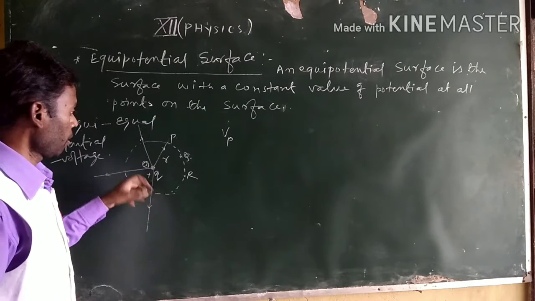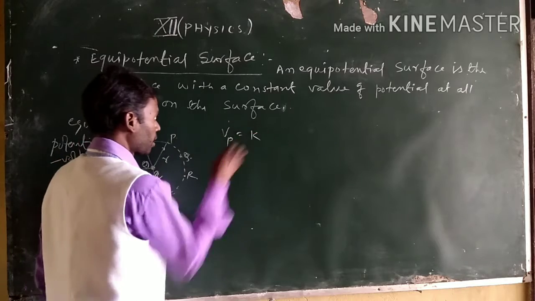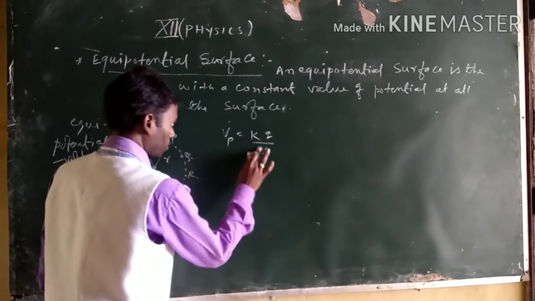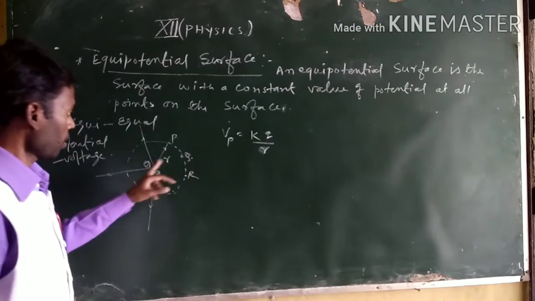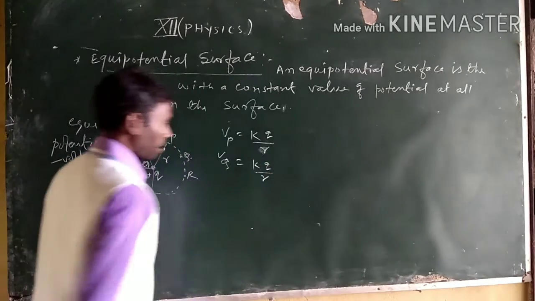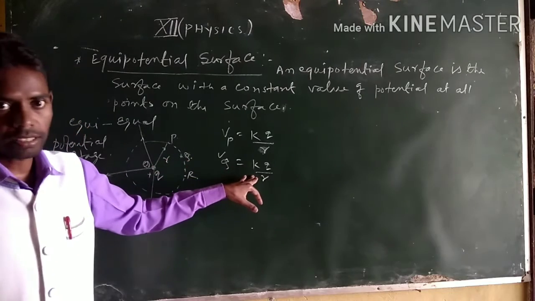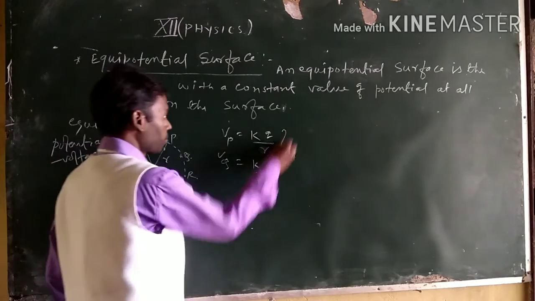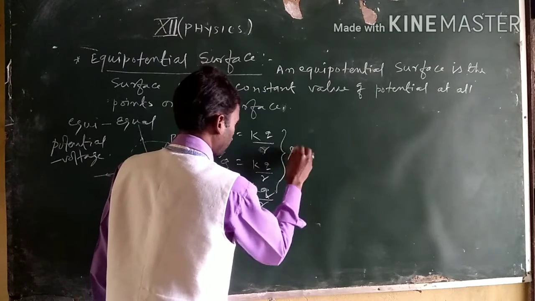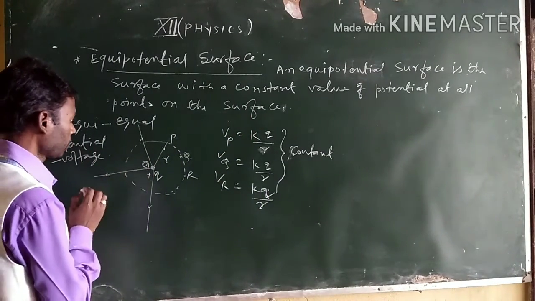O to P is the radius, so the potential at P is KQ divided by R. The potential at Q is also KQ divided by R, and at R also KQ divided by R. This is the same, constant potential.